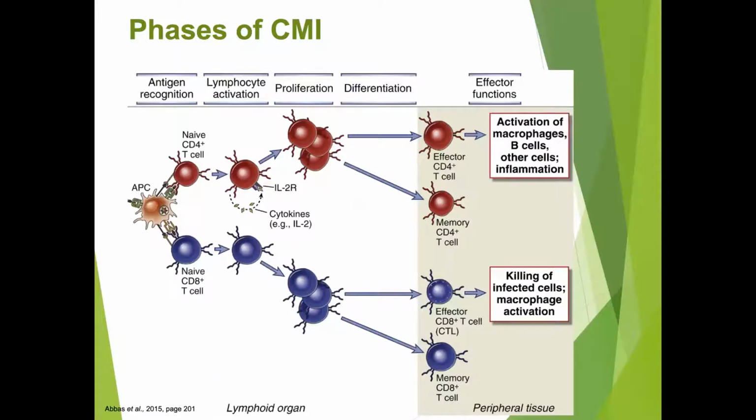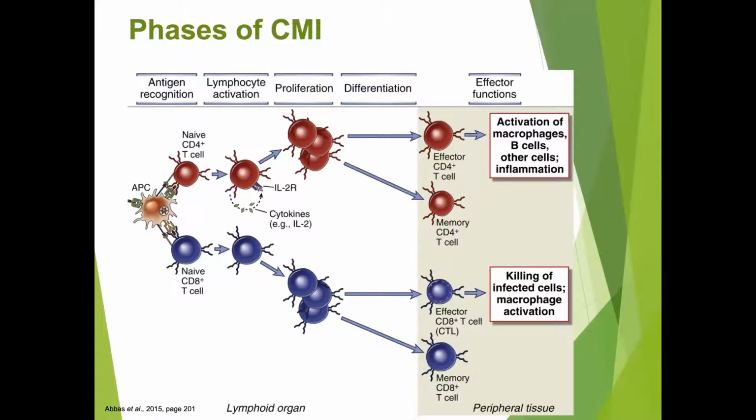So if we look at the different phases of the cell-mediated immune response, first off, you have to recognize the antigen. And this would be first, as we said, the APC, which does the surveillance. They have to recognize something that they think the body needs to respond to or attack, and not non-self.